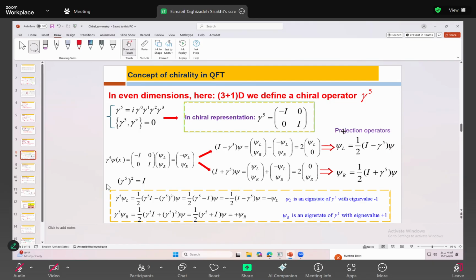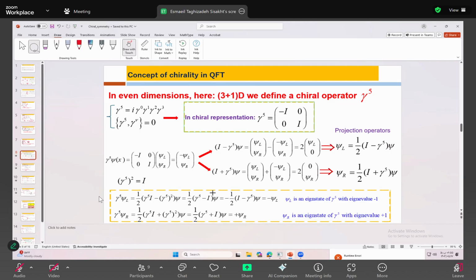Exactly. For example, in 1+1 dimensions, we can just define gamma 0, gamma 1, and gamma 5, three matrices. And in the massless case, we can always define the gamma 5 eigenstates, the left helical and the right helical.